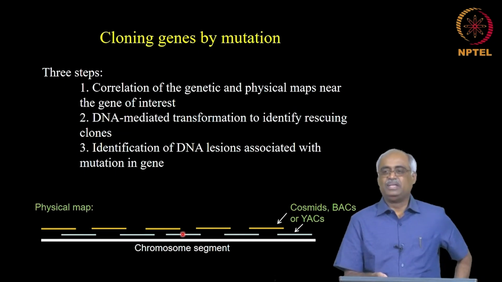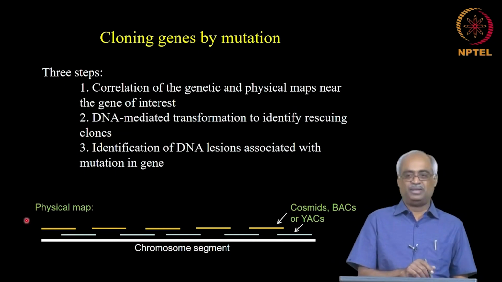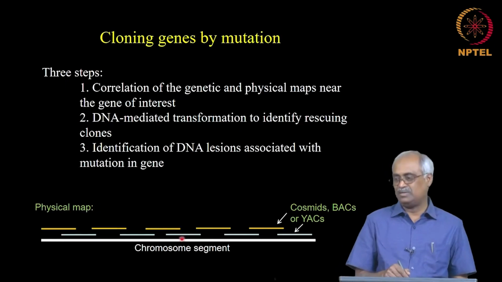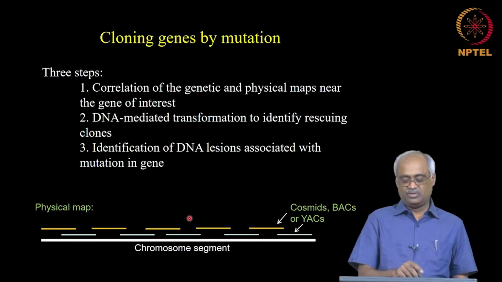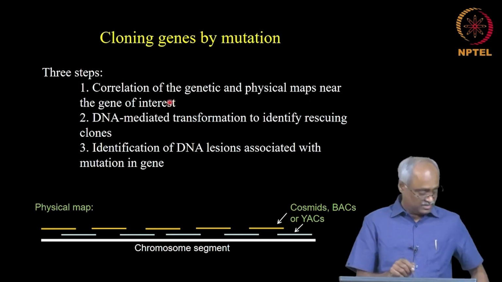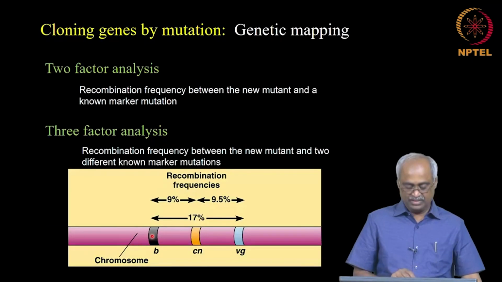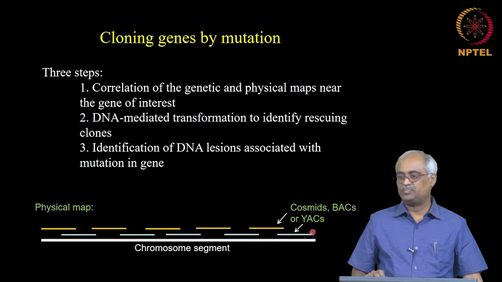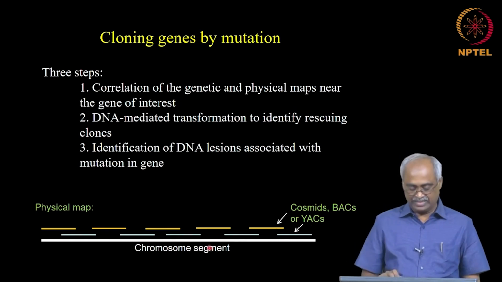For that again you need to know the known markers' physical positions, and once you know that, you jump from the genetic map to the physical map. Correlation of the genetic and physical maps near the gene of interest. For that essentially you need to know this one in the physical map, this one in the physical map. If you know those two cosmids, let us say black is in this cosmid and vestigial is in this cosmid, then you know your gene is within these cosmids.